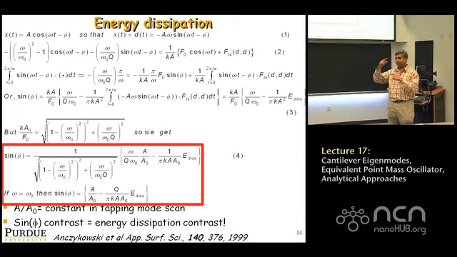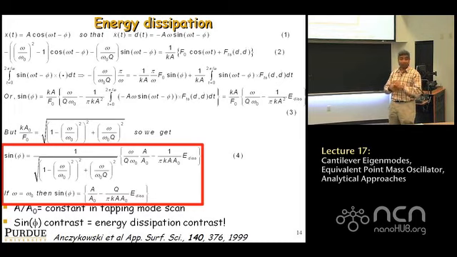So you have an amplitude A0 before you interact with the sample, and then you interact with the sample, and the amplitude reduces to A. So when you scan over a sample, A over A0 is kept constant, because you're using feedback to keep it constant.